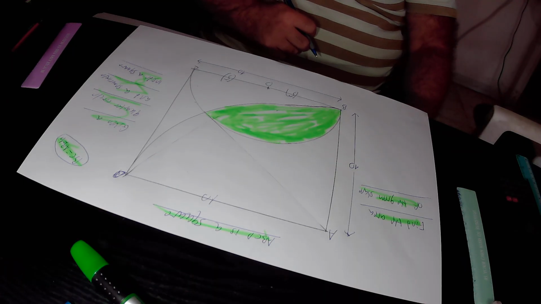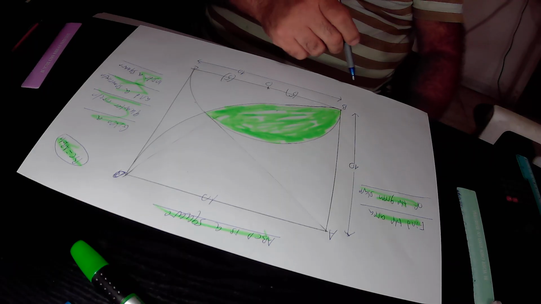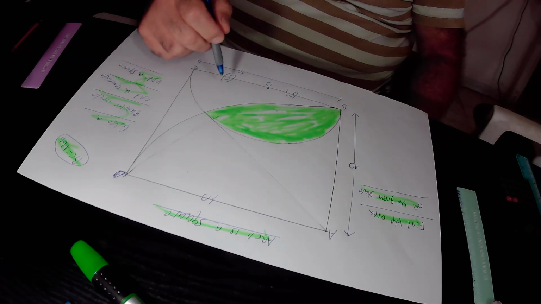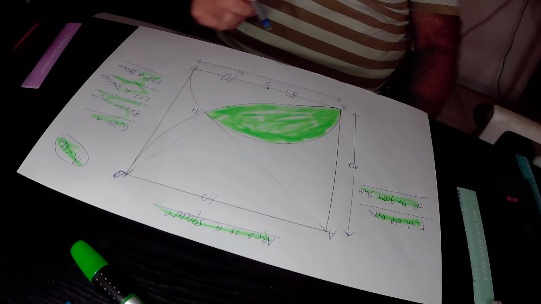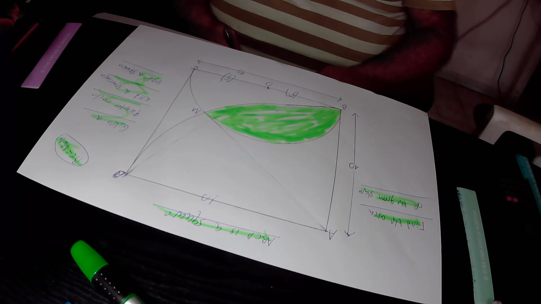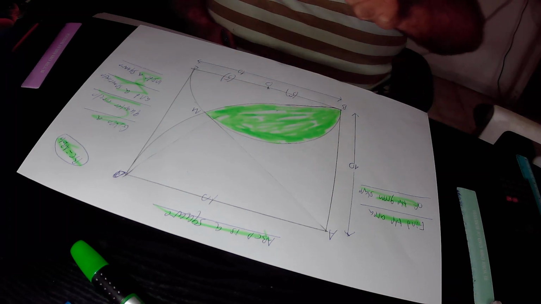In the next step, we will define the intersection point between the quarter circle and the semicircle. This point is point M. And we join points A and M together by a straight line.